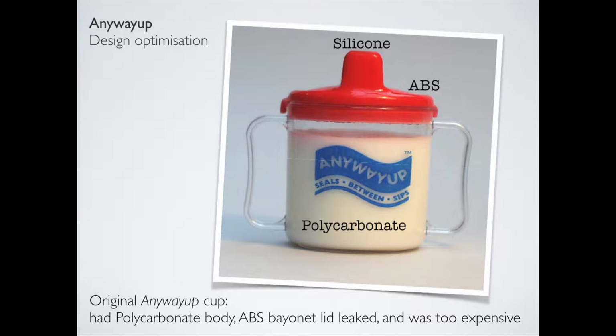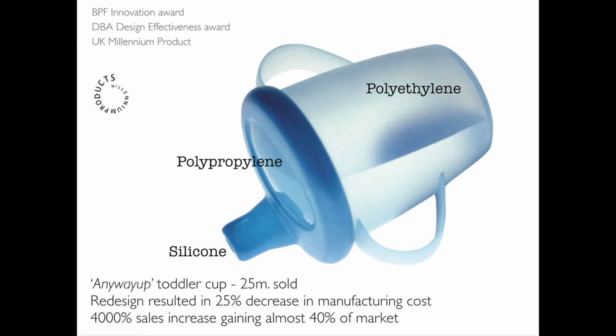And it also looked a bit generic. So I wrote to the manufacturers, and I said, I could do a far better job than this. And actually, it's one of the very few times I've approached someone myself and said, I think I can do this better. And then they said, fine, we'll do it. And we did, and it was a huge success.